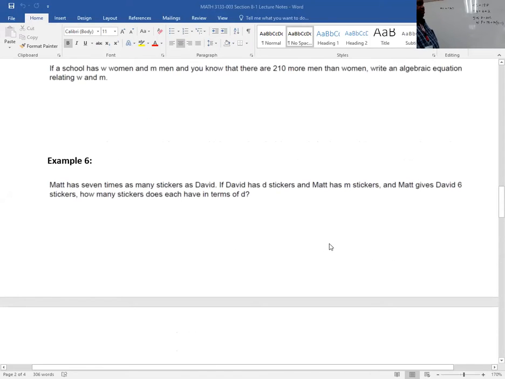Okay, and example 6: Matt has 7 times as many stickers as David. If David has D stickers and Matt has M stickers, and Matt gives David 6 stickers, how many stickers does each have in terms of D?